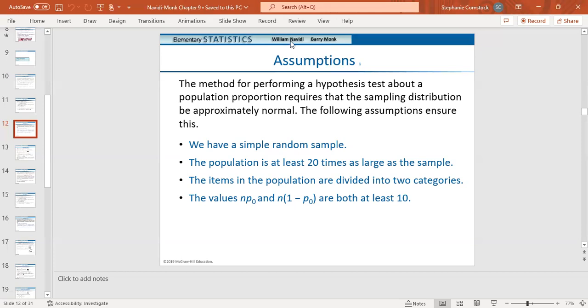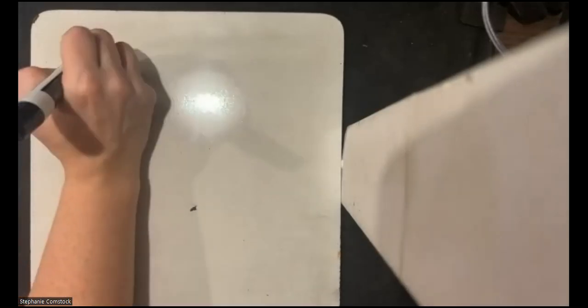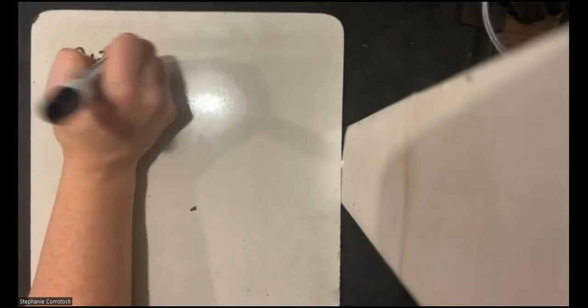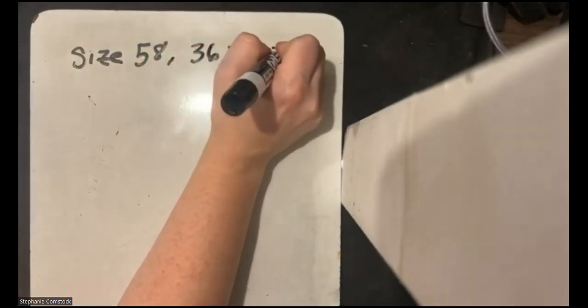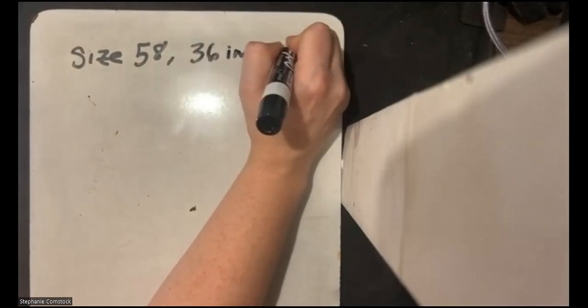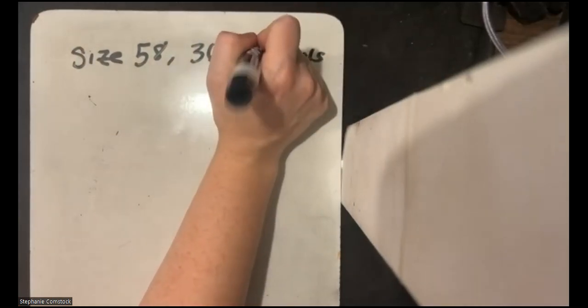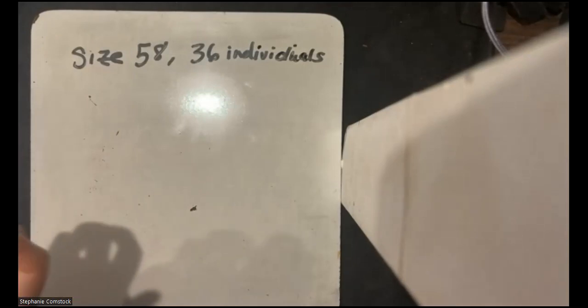We're going to take a look at the first part of an example here. In one of the other videos, we'll finish up this example. It says in a simple random sample of size 58, I have 36 individuals in the category of interest.